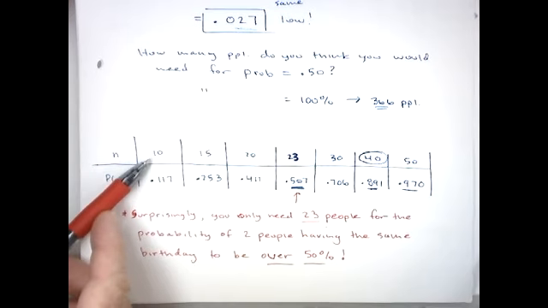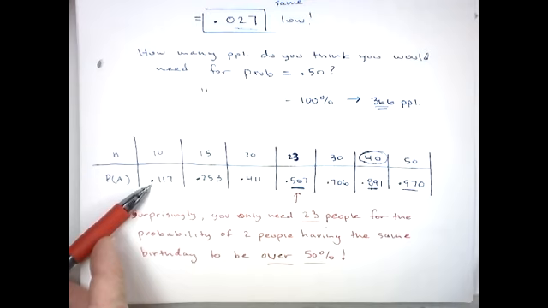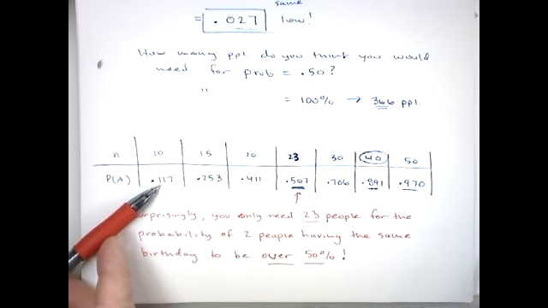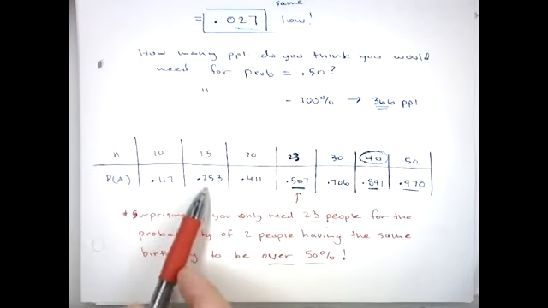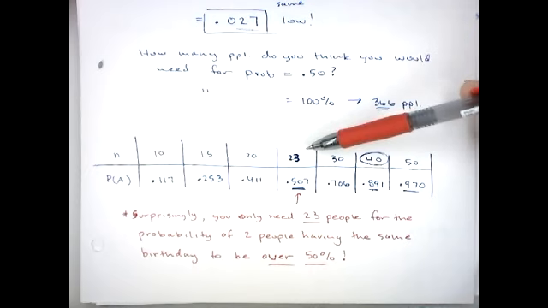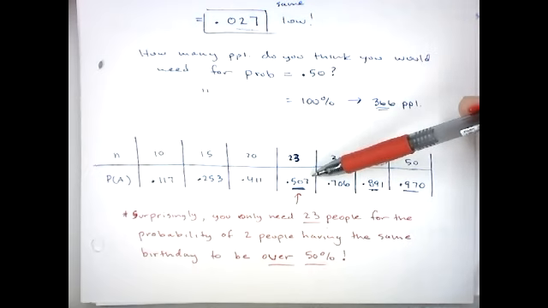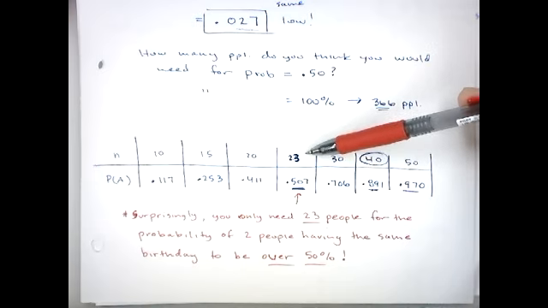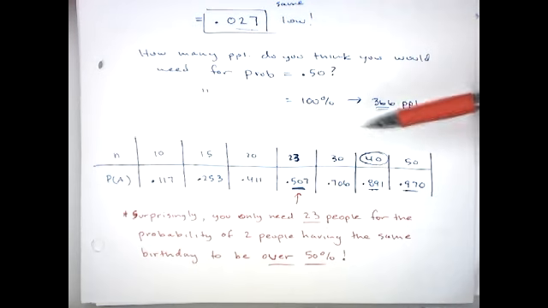If there's 10 people in the room, the probability 2 people have the same birthday is about 12%. Then at 15 people, it's about 25%. And it turns out that the smallest number for which the probability 2 people have the same birthday just creeps over 50% is only 23 people. I don't know about you, but that really surprises me.